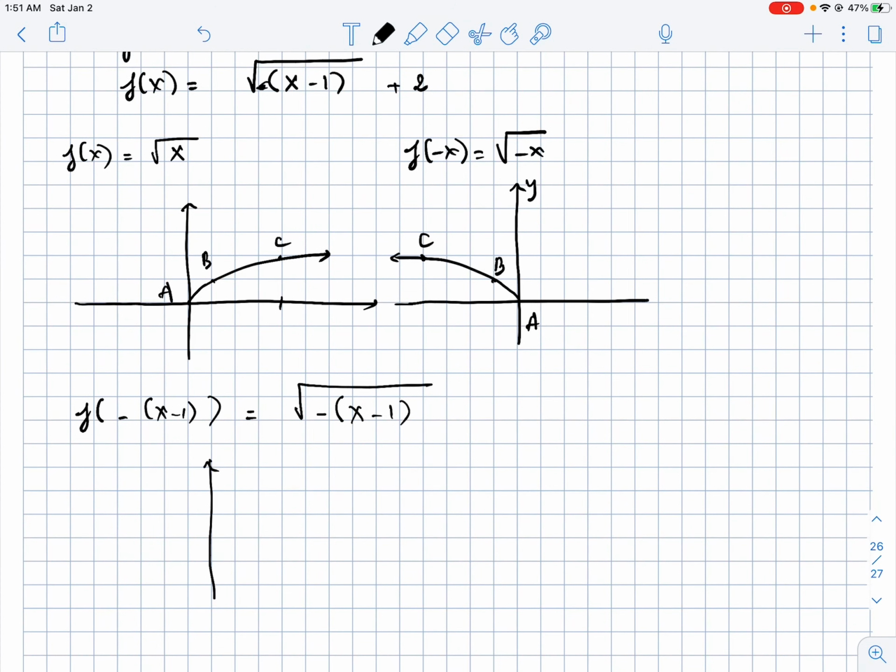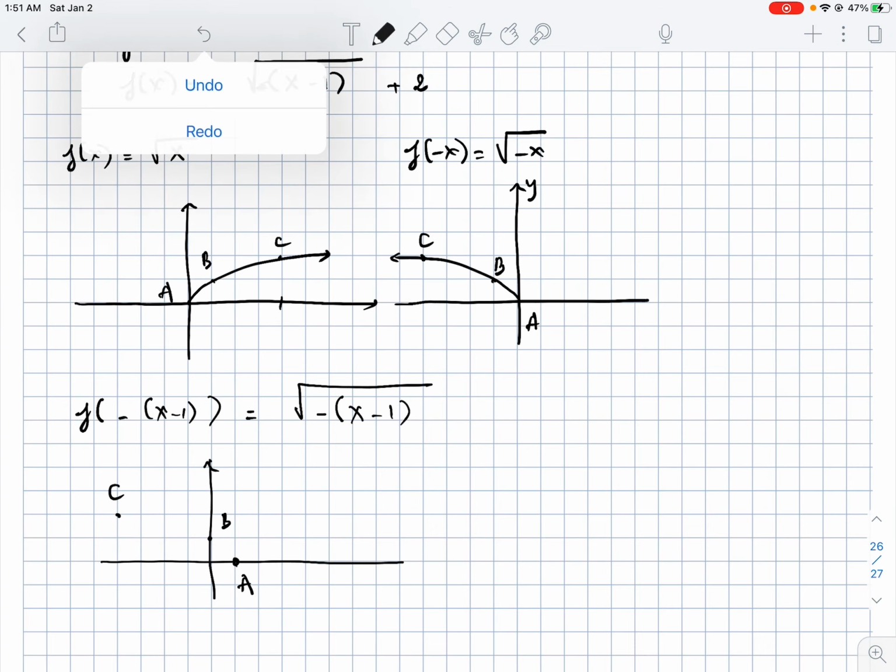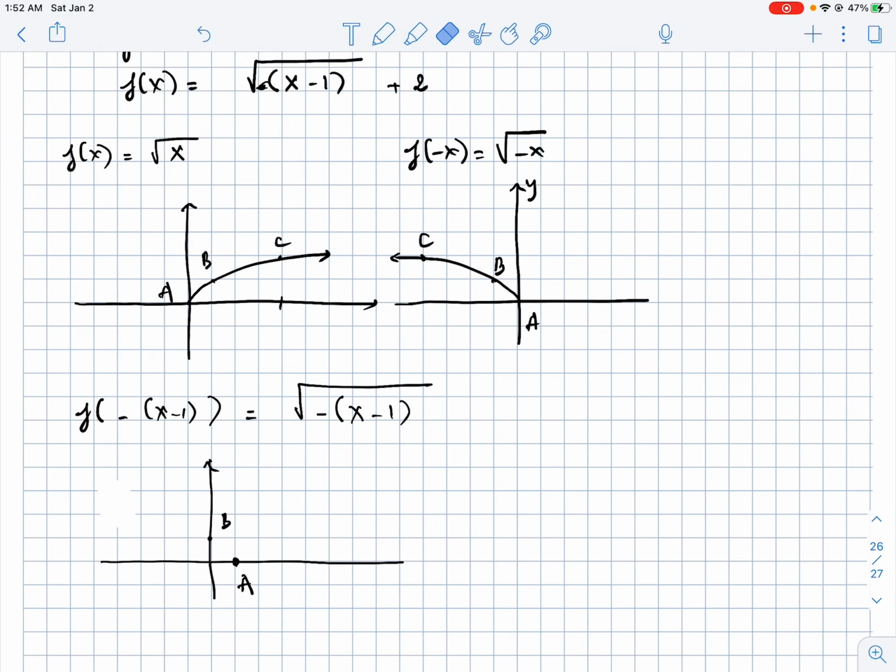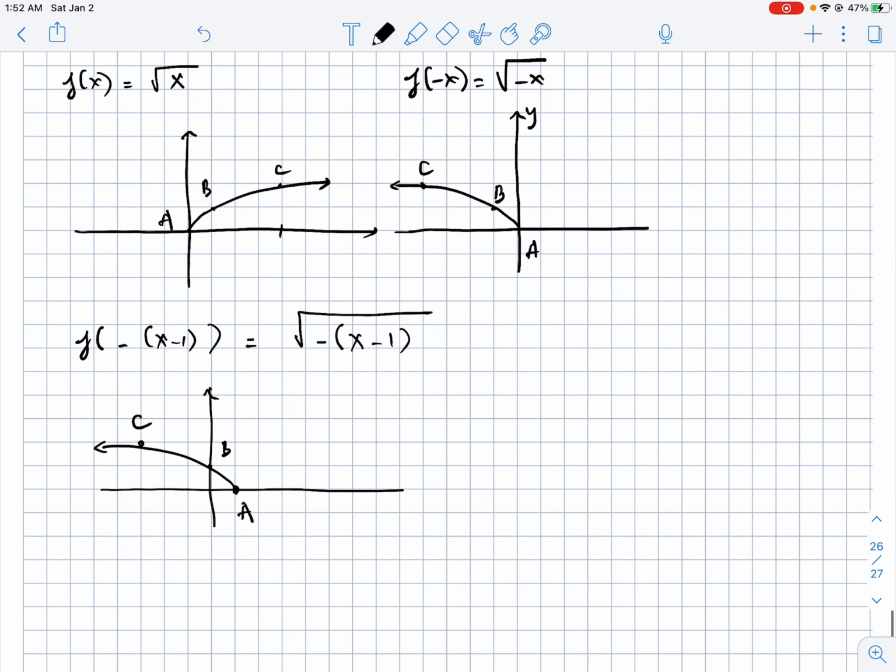The minus 1 tells us that we need to move to the right. The point A will be here, the B will be here, and the C will be here. The C will be moved right one step. The C will be at negative 3, 2.